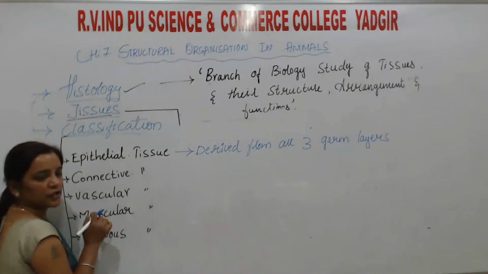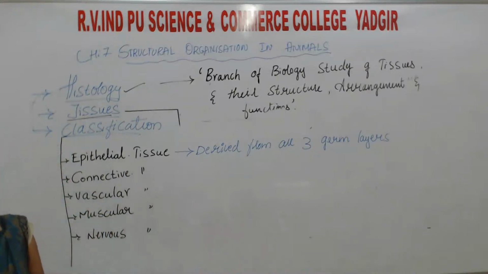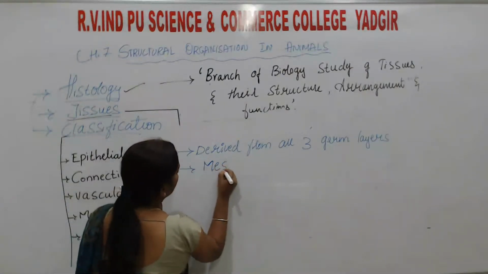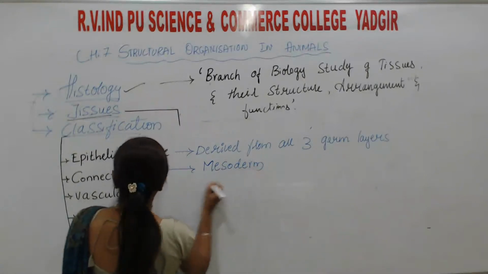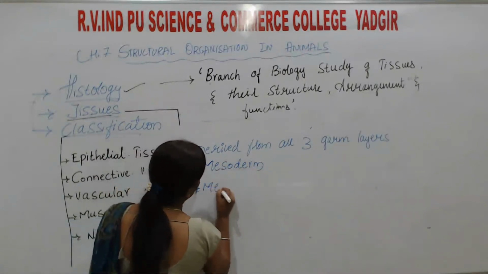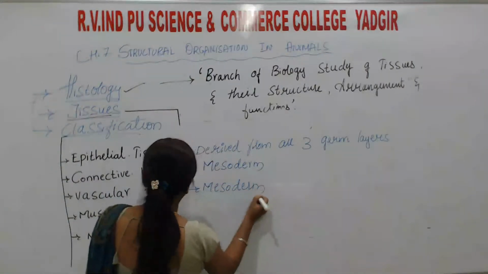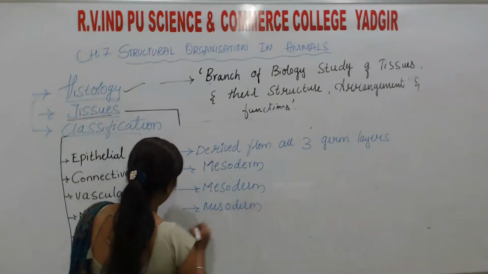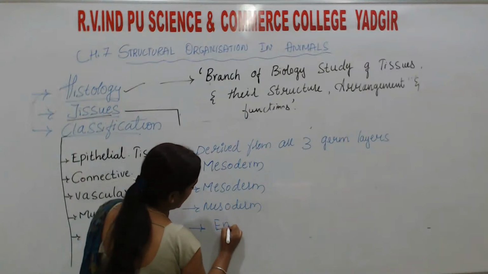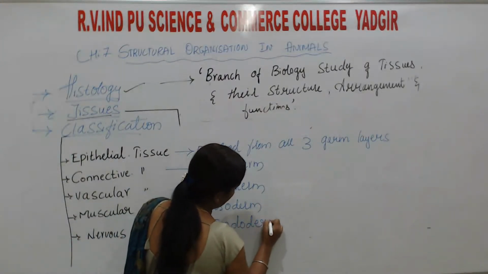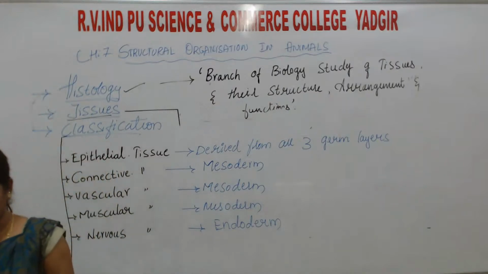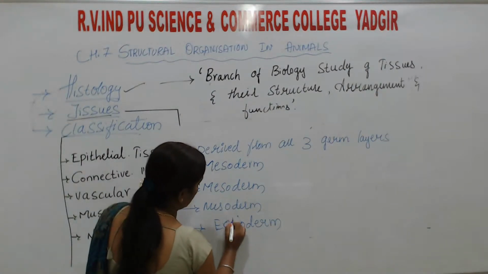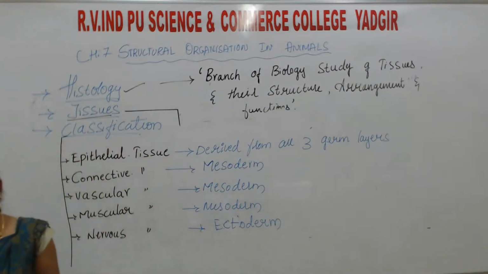What about connective tissue? Connective tissue, vascular tissue and muscular tissue are all derived from mesoderm. And the nervous system is derived from the ectoderm.